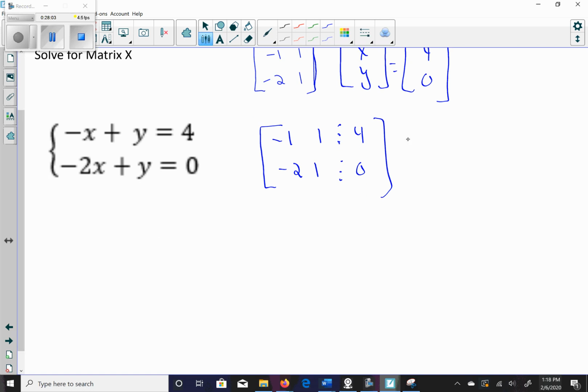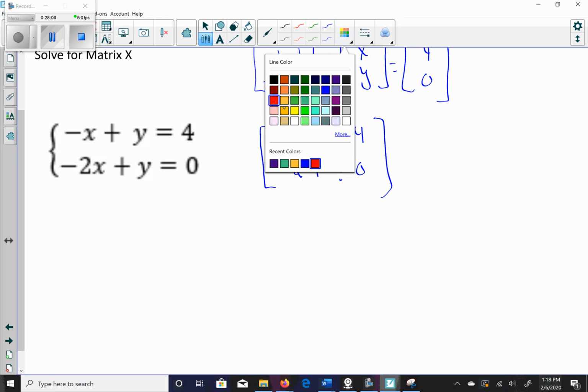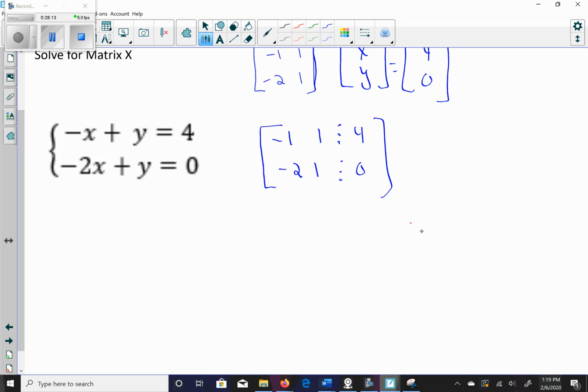I'm going to add row 1 and row 2 in such a way that the x is eliminated. So I'm going to take row 1, and I'm going to multiply that by negative 2. So negative 2 times row 1, and that'll be 2, negative 2, negative 8. And then row 2, I'm going to copy down, and that's going to be negative 2, 1, 0.